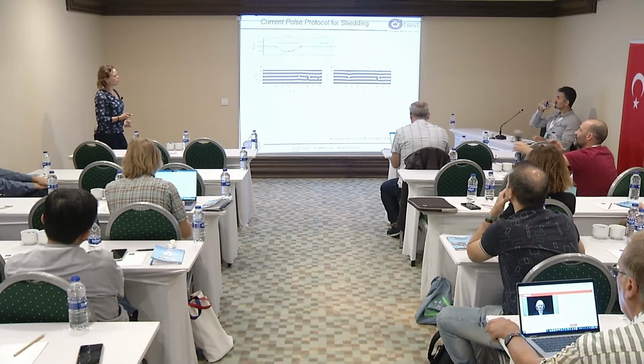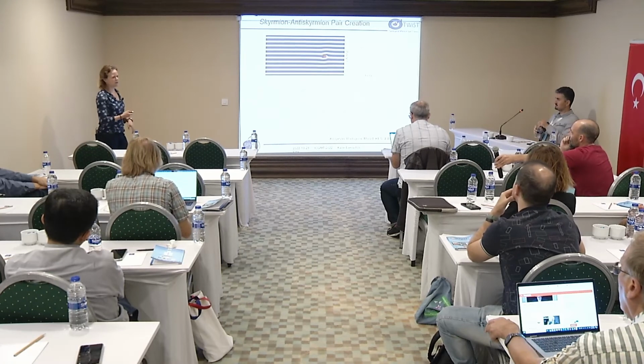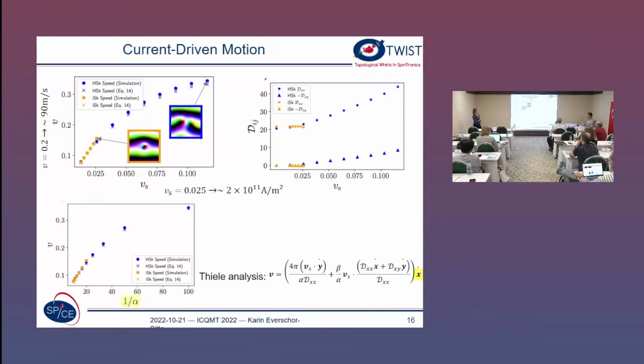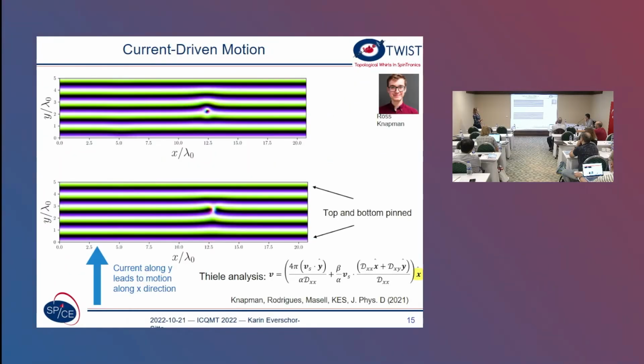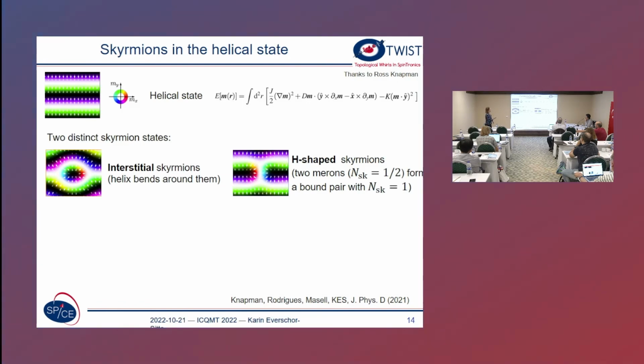In our model, we also have an in-plane uniaxial anisotropy, so we have an MY. I'm trying to go back, but it's not so easy. What we take in our model is this in-plane anisotropy, and it favors these structures being aligned in the Y direction.